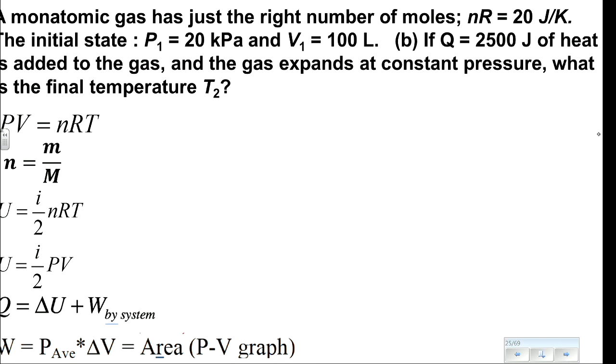Okay, let's just write it. Q equals delta U plus W. This is 2500.